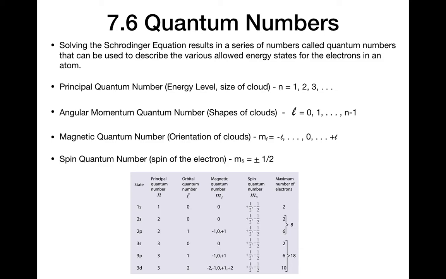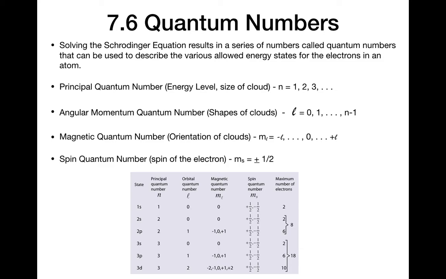Now within those energy levels we have sublevels, and those are the shapes of the clouds. L is the sublevel quantum number, or the angular momentum quantum number, and L can have values of 0 or 1, but for a given energy level n, L can only go as high as n minus 1. For the first energy level, L only equals 0.